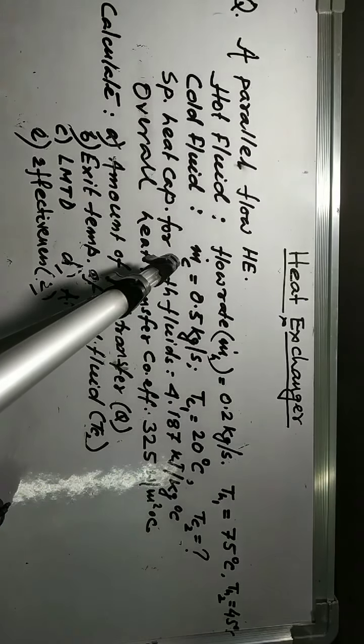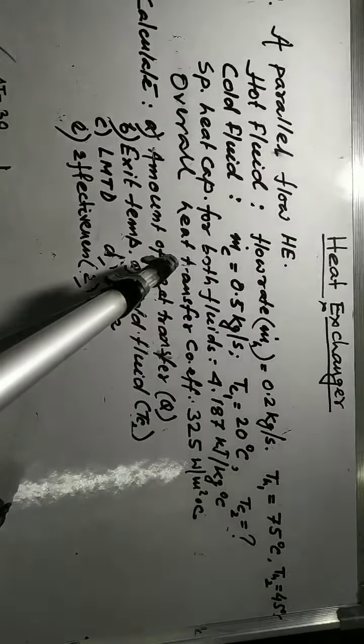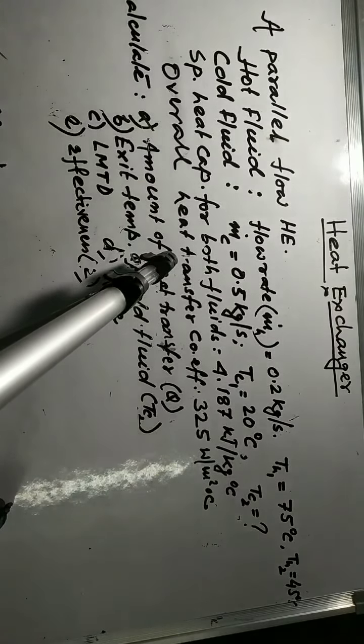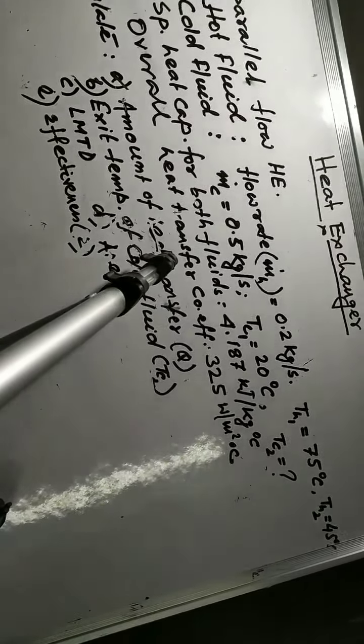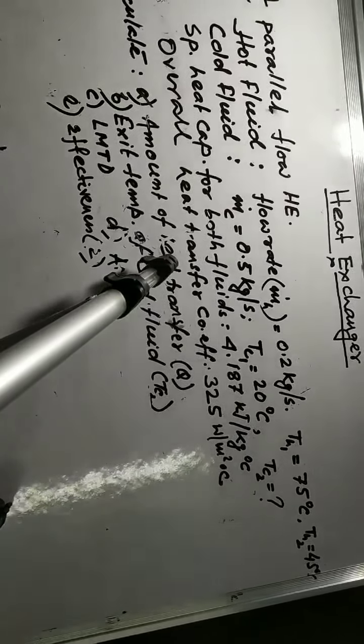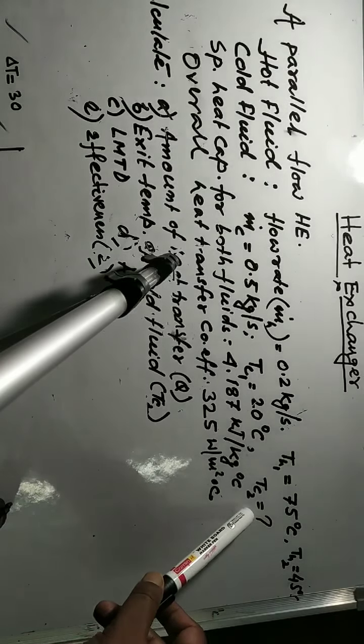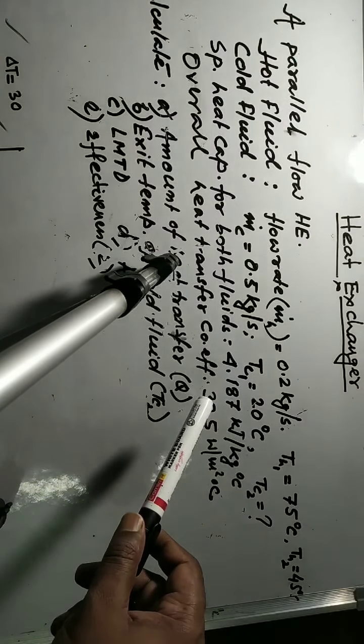So let us take one parallel flow heat exchanger. Here all the parameters for the hot fluid are given, that is flow rate, entry temperature, exit temperature. Then the cold fluid is given, flow rate is given, that is 0.5. Then entry temperature is given but exit temperature is not given.